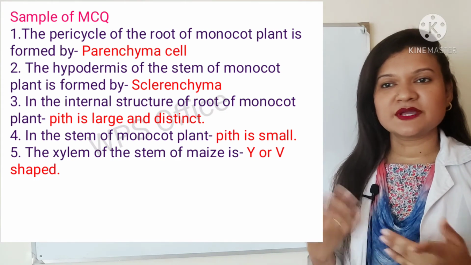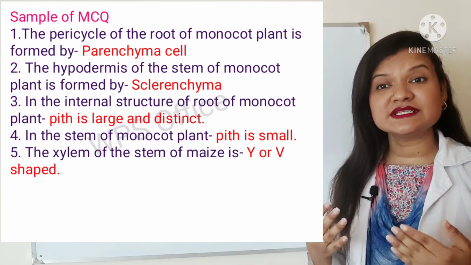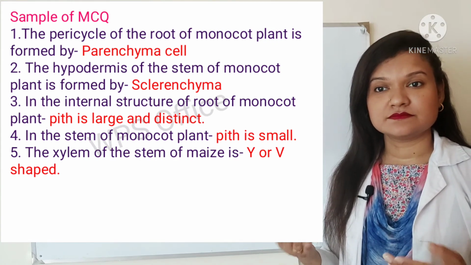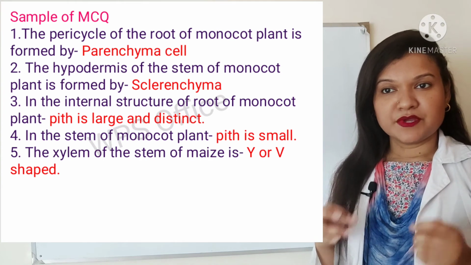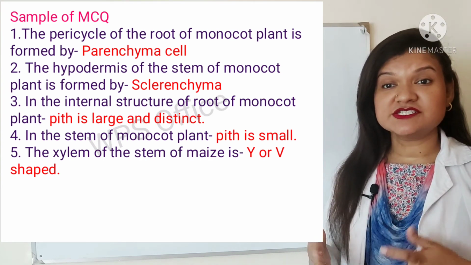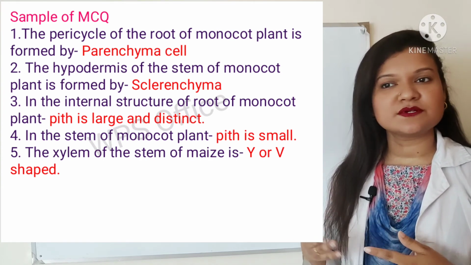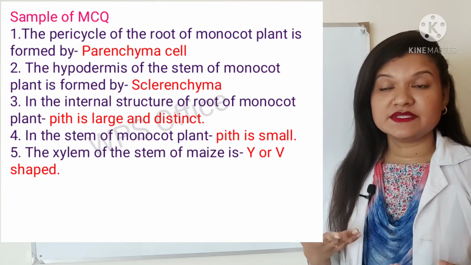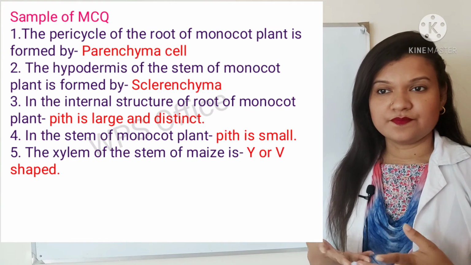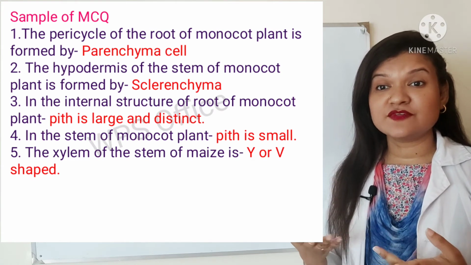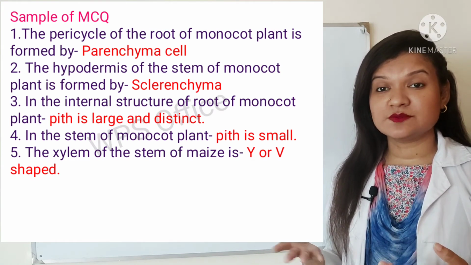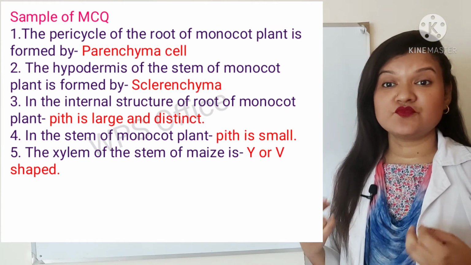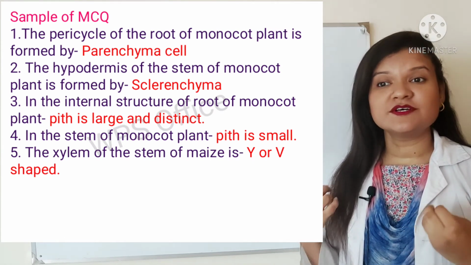Number 3, in the internal structure of the root of a monocot plant, pith is large and distinct. Number 4, in the stem of a monocot plant, pith is small. Number 5, the xylem of the stem of maize is in what shape? It is Y or V.